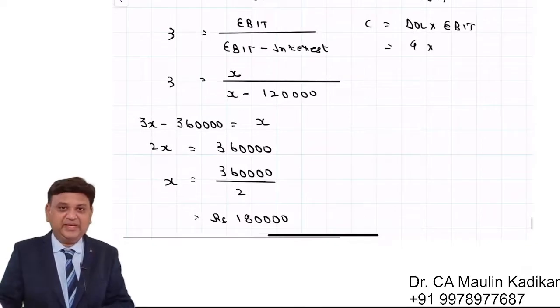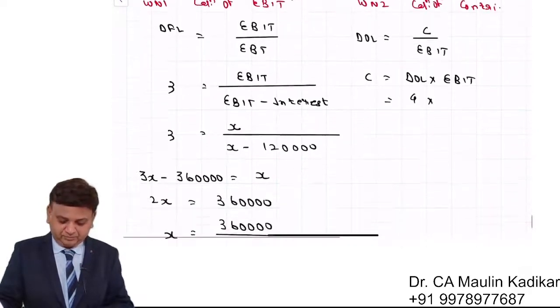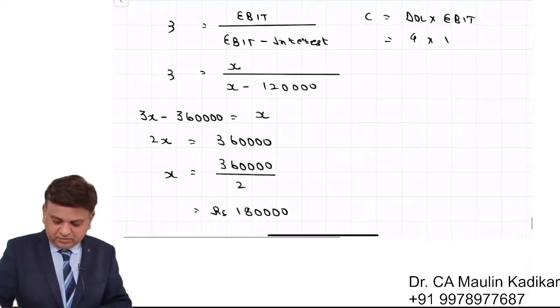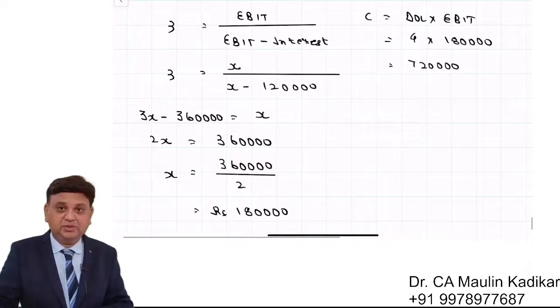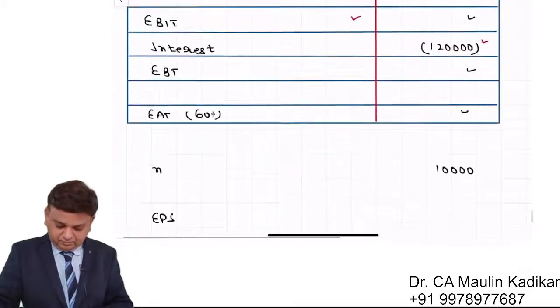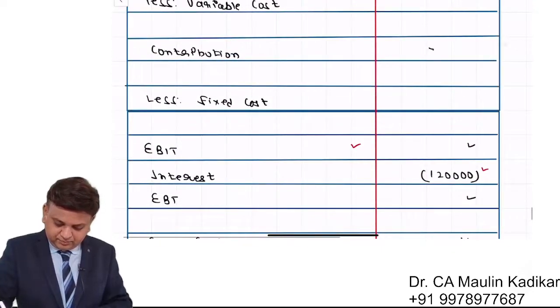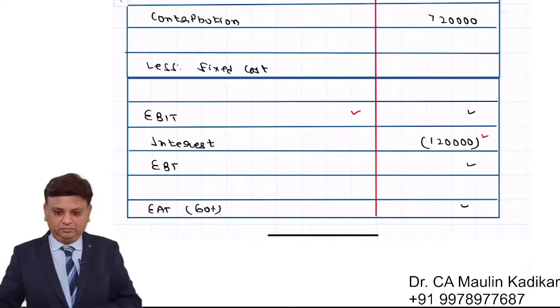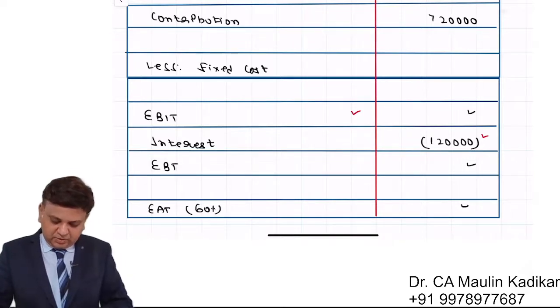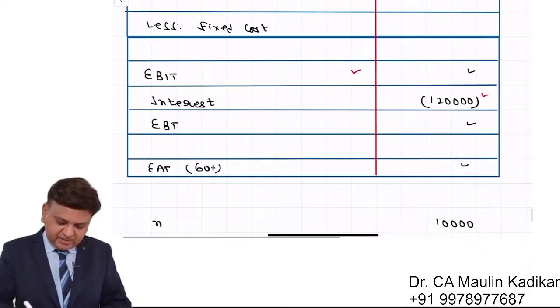So it is 1,80,000. So the contribution is 4 times that, 7,20,000. Amount of EBIT is 1,80,000.